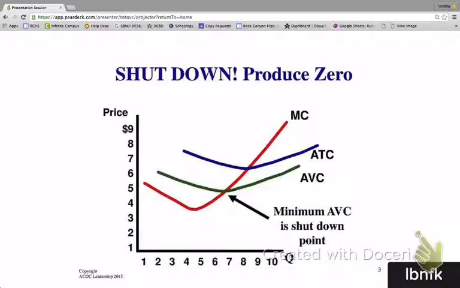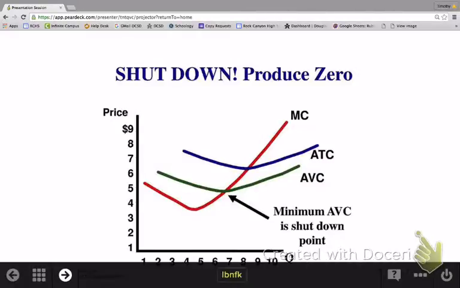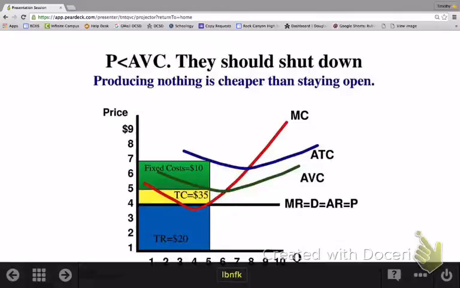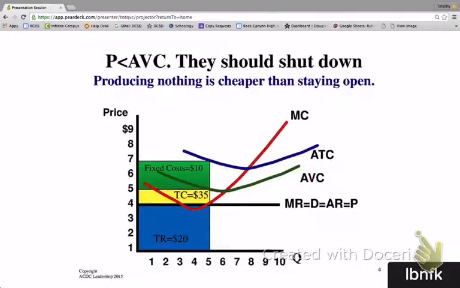So at any point below that, we would shut down because we would not be covering our costs. So if price is less than average variable cost, the firm should shut down. Producing nothing is cheaper than staying open.